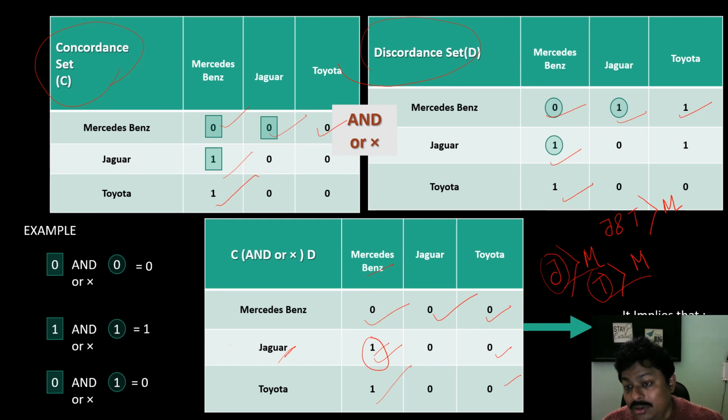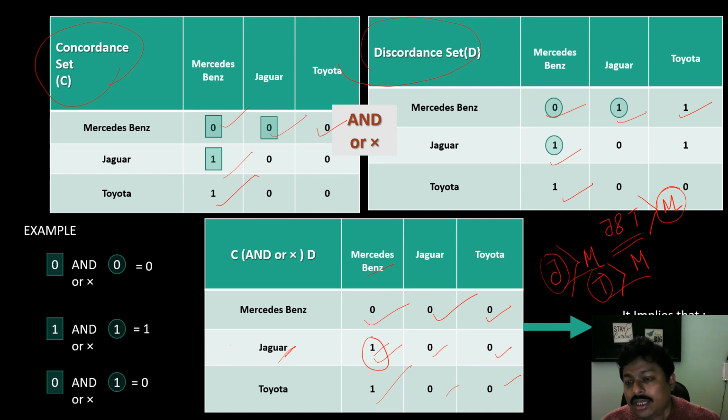But if I say that Jaguar is the most important alternative among Mercedes, Jaguar and Toyota, it is incorrect. Because we are undefined or inconclusive when we are comparing Jaguar and Toyota. Because here, when you are comparing Jaguar with Toyota, 0 has come. So that implies that two alternatives are more important than the other alternative. That means Jaguar and Toyota are more important than your Mercedes-Benz.